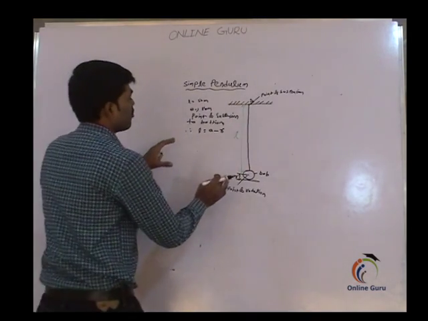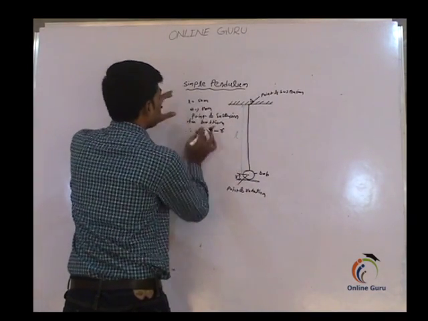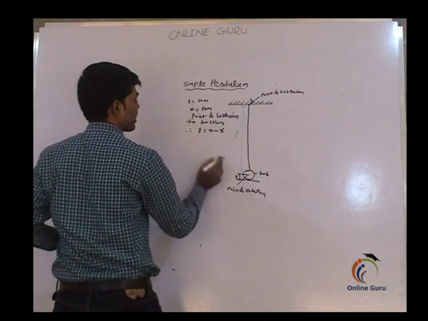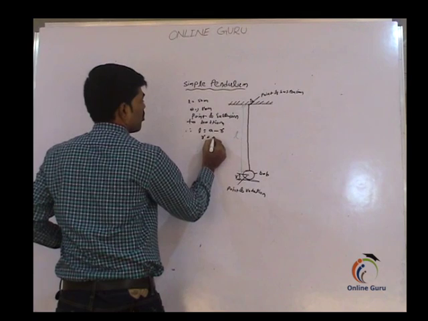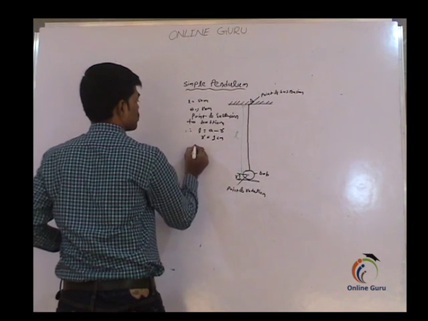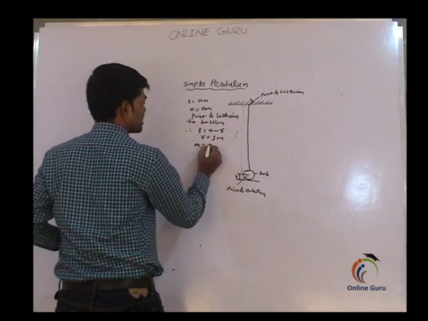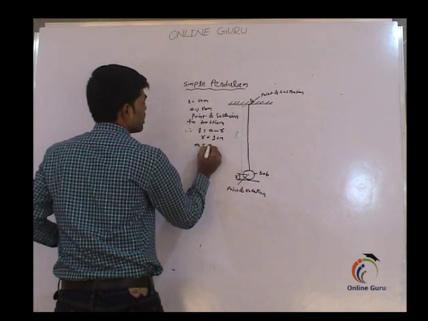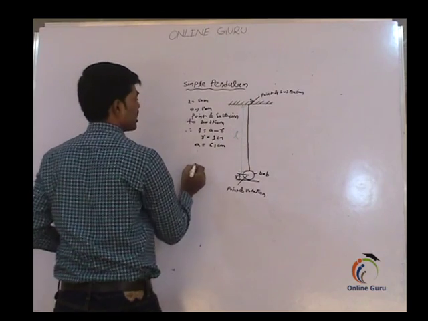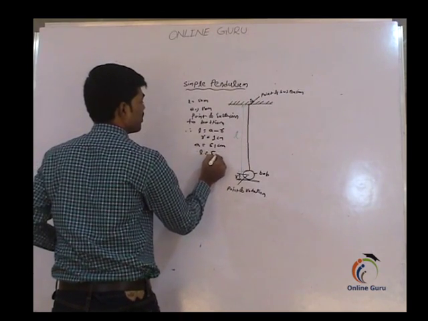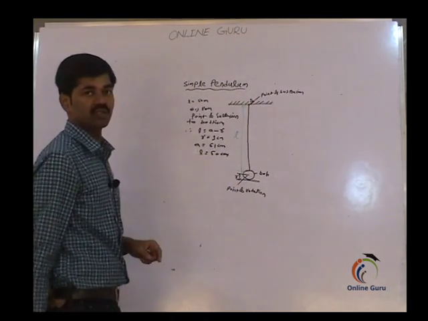For example, the radius I got is 1 centimeter. So if A is 51 centimeters, L automatically becomes 50 centimeters.